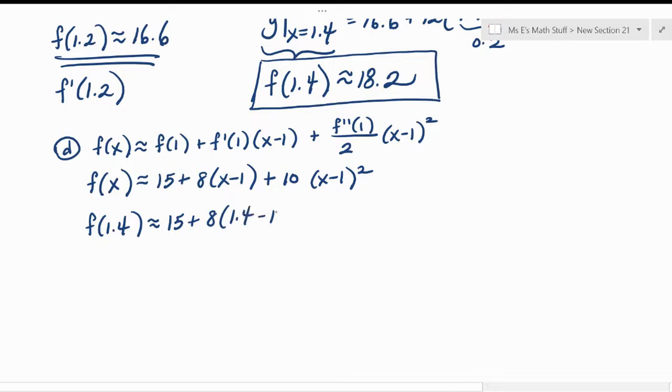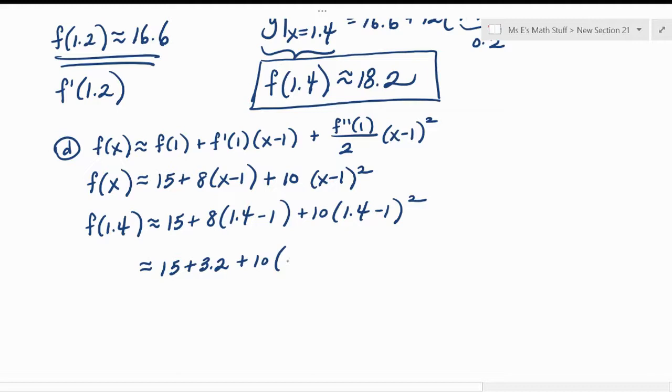just that with 1.4 put in for all the x's. So you get 15 plus 1.4 minus 1, times 8, which is 3.2. Same thing, 1.4 minus 1 is 0.4.